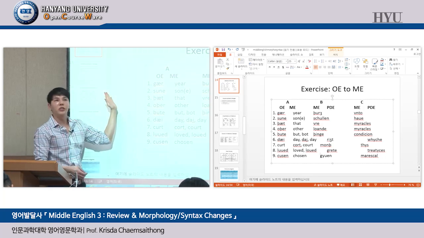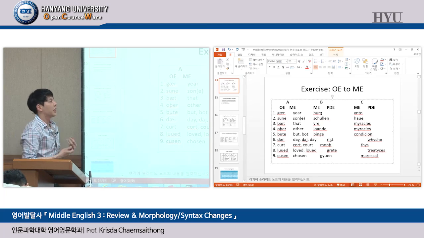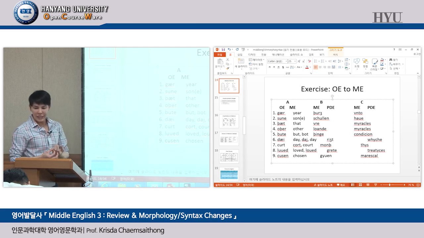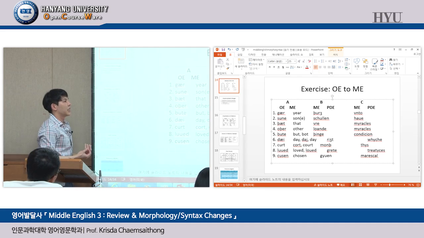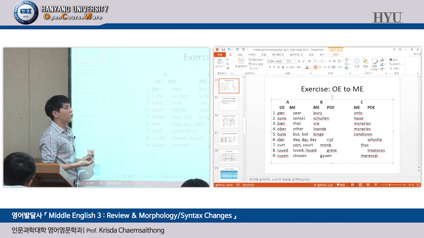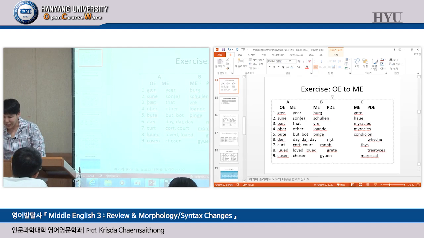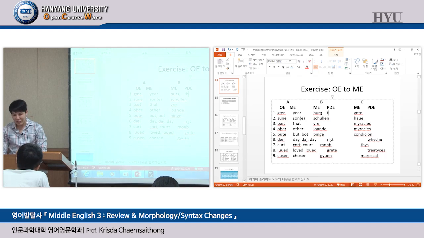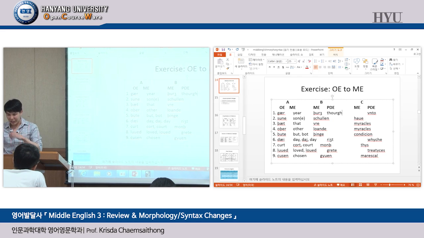1B, so we go to the next column. 1B, the first word, can you guess what word it is? Through. So it should be like TH, OURGH, like that.